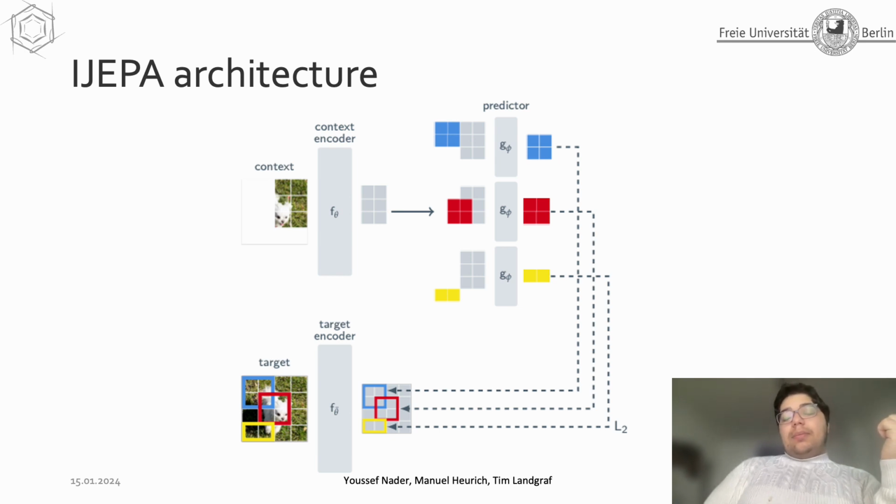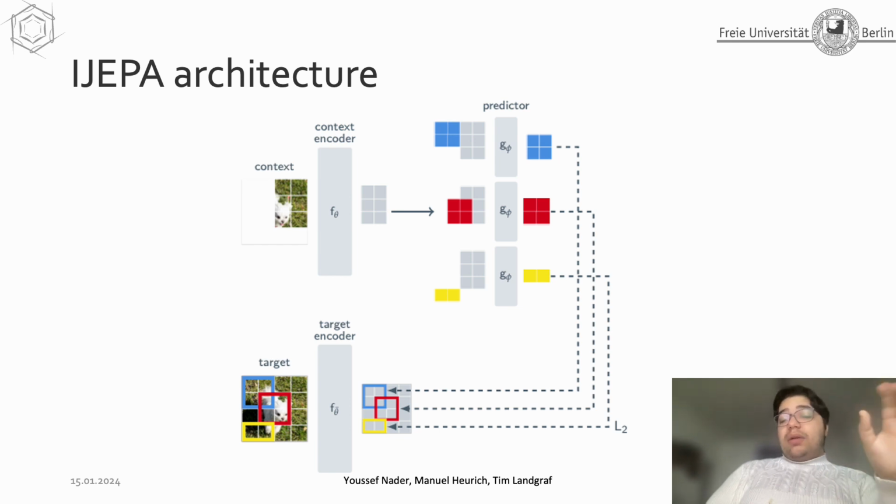And this representation will be given to a predictor. What will the predictor be trying to do? Well, there are missing parts of this image, so the predictor is going to try to predict these parts. So you take, for example, the part in blue, like the four patches at the top left corner, and these are the ones we predict.